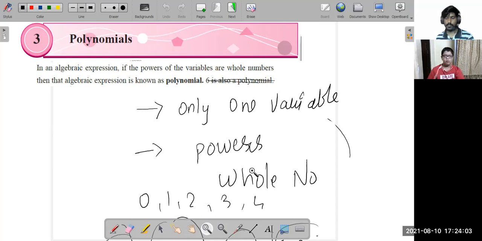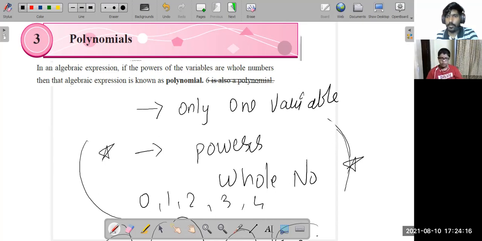Done, sir. Write this point as a note. Powers are whole numbers only. Powers of a polynomial are whole numbers only. Write it as a note. Could you repeat again?